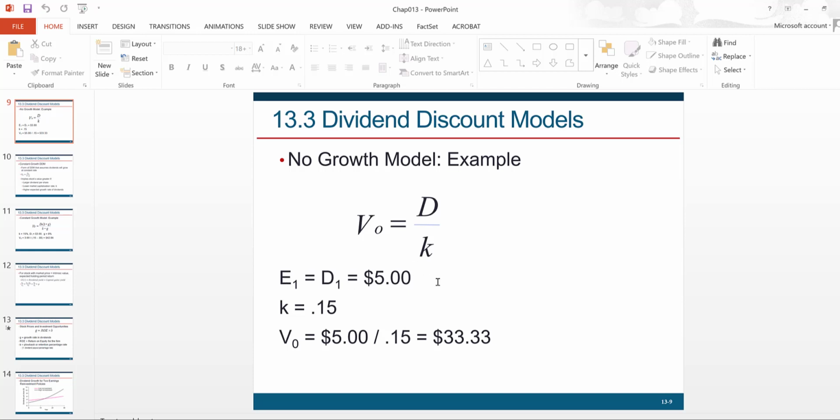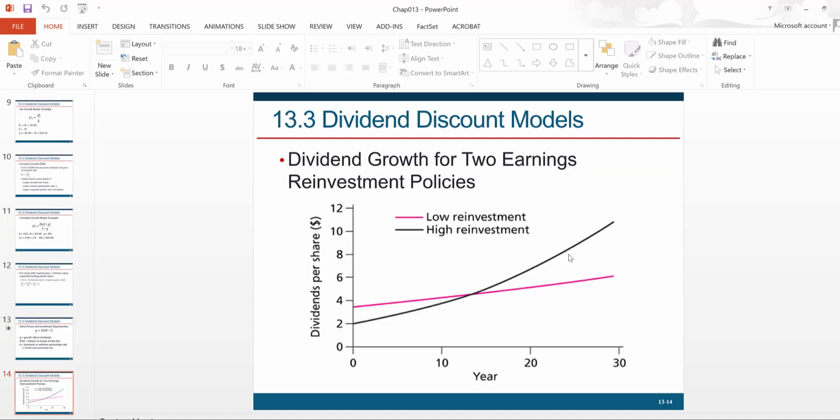The company is not growing, so there is no need to reinvest any earnings into the business. So the valuation is D over K, and thus dividend remains the same every year in future. So I can also write this as D1 over K or E1 over K. All of those are basically the same thing. So this is the no growth case.